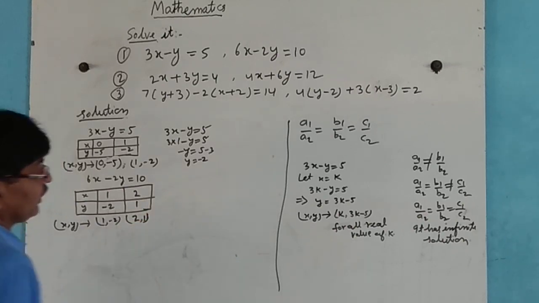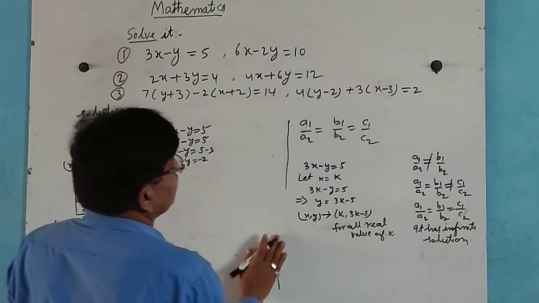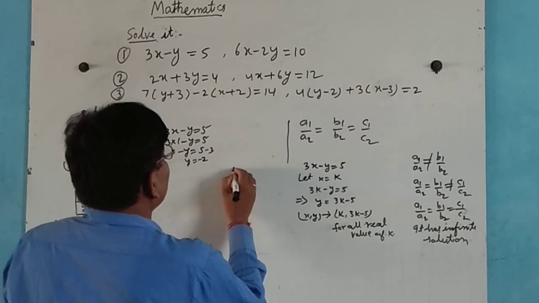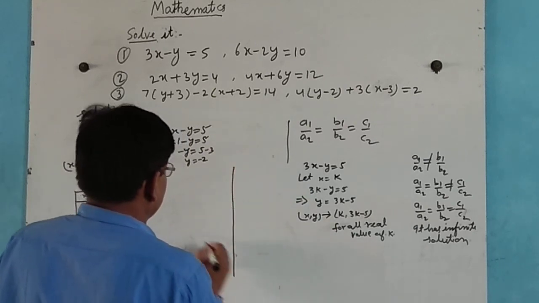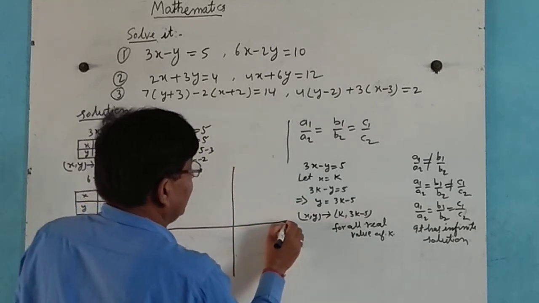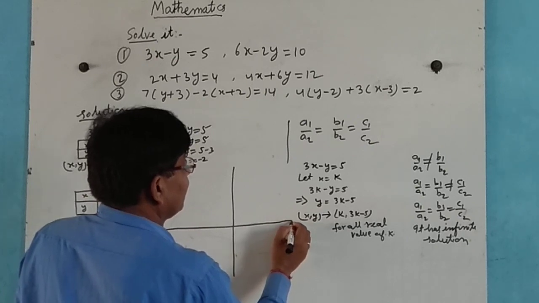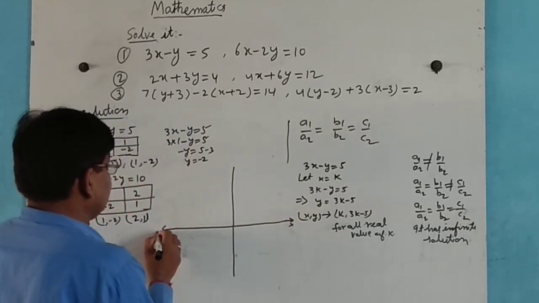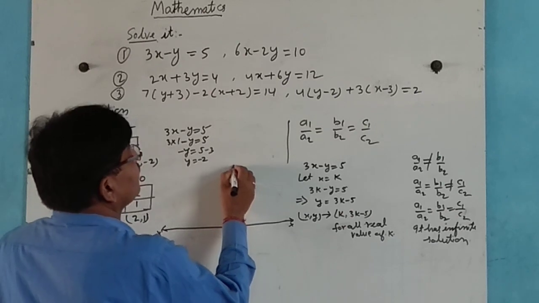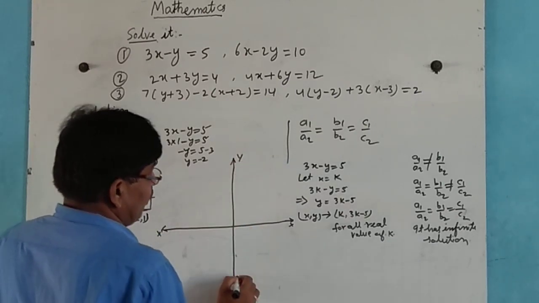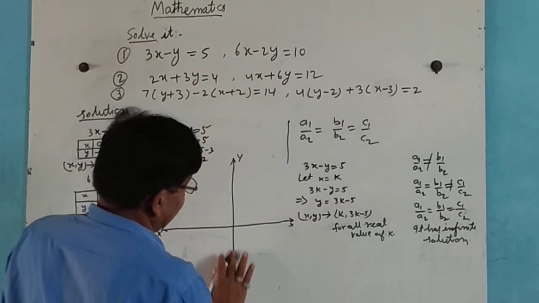Now we draw the graph with the help of this. This is the x-axis, x and x dash. This is the y-axis, y and y dash.